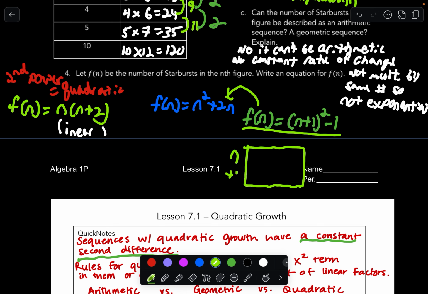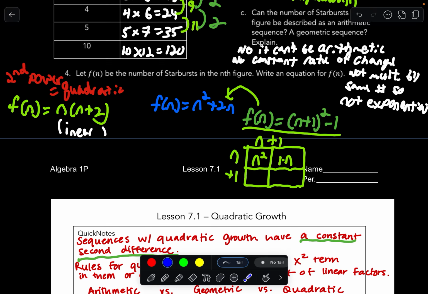This is that box method. n times n gives you n squared. n times 1 gives you 1n, or n.